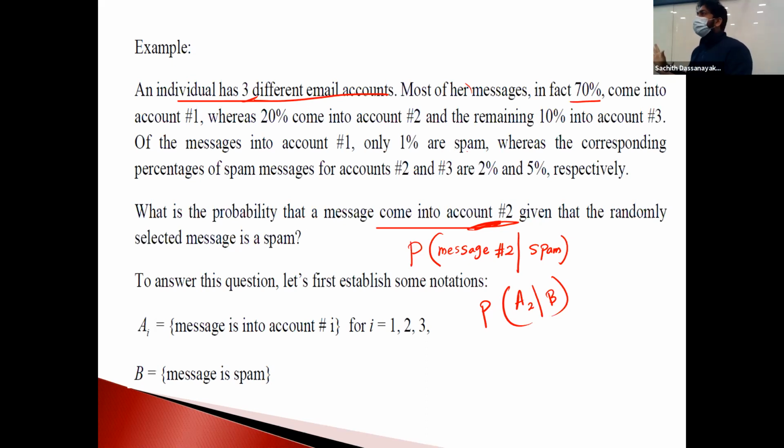They haven't mentioned spam types like DDoS attacks, or whether it comes through websites or directly to mail. Okay, just spam. It's like the event capital B we used in the last examples, just one event. But A has values: account number 1, account number 2, account number 3.